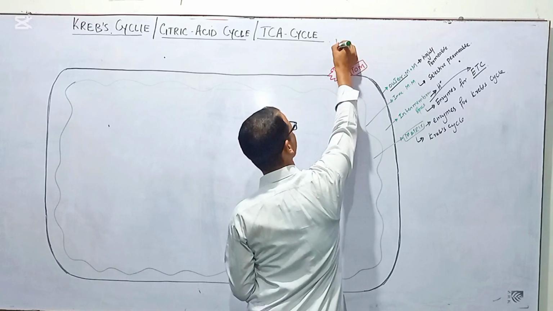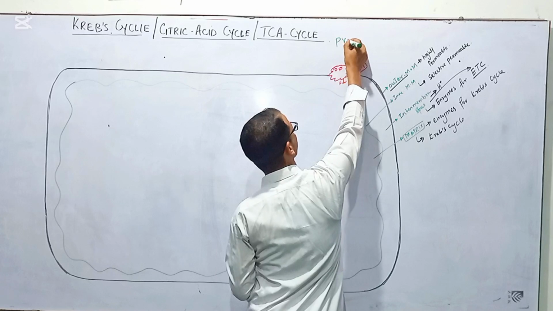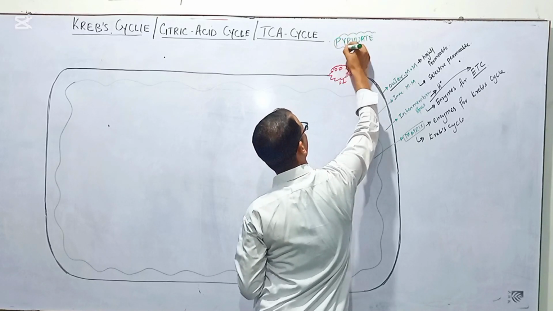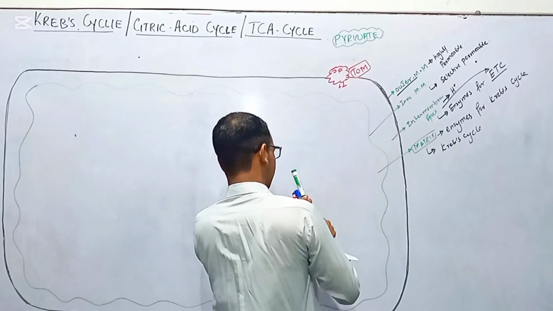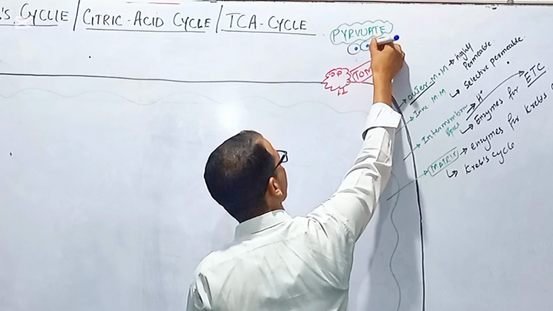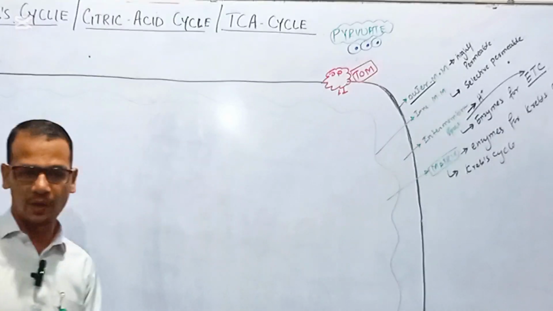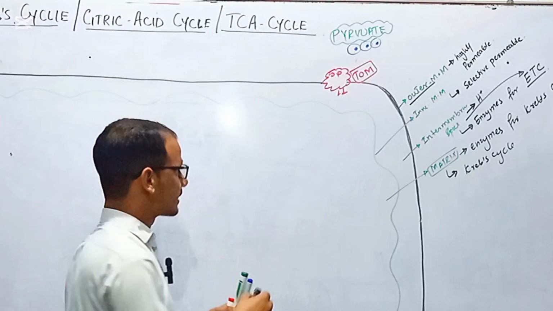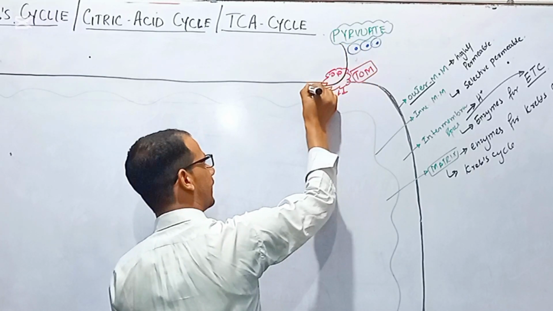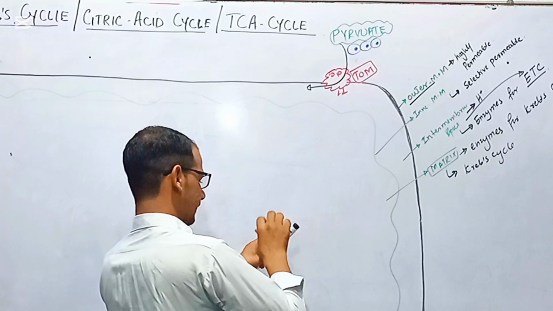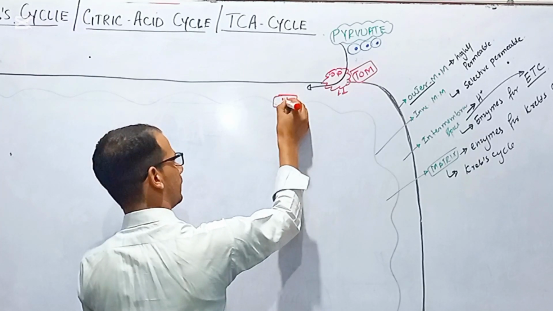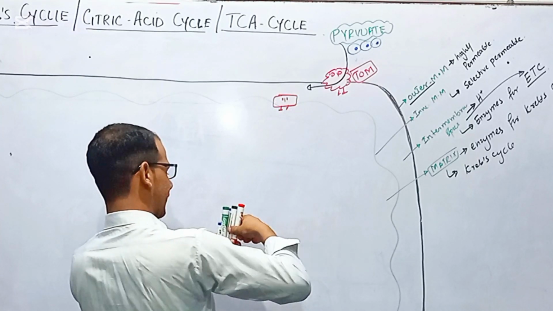So for example, this is pyruvate, and pyruvate is a 3 carbon compound. This TOM protein is responsible for taking this pyruvate into the intermembrane space, and from here another protein is responsible for taking this pyruvate.